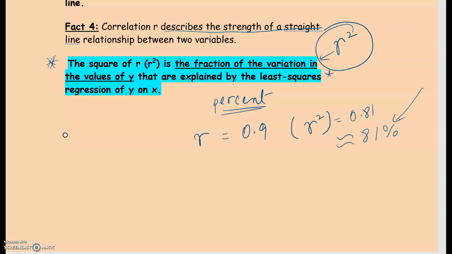But usually we use the term percent in this context. So about 80% would be 80 over 100, which is 8/10, which is 4/5. About 4/5 of the variation of values of y can be explained by the regression line.